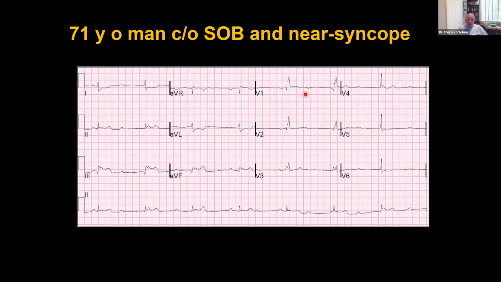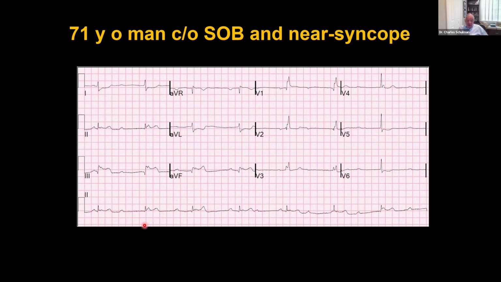Okay, here's a 71-year-old man who complained of shortness of breath and almost passed out. Okay, and what you see is a very slow rhythm, right? Heart rate is 300, 150, 175, 60, 43 beats per minute.